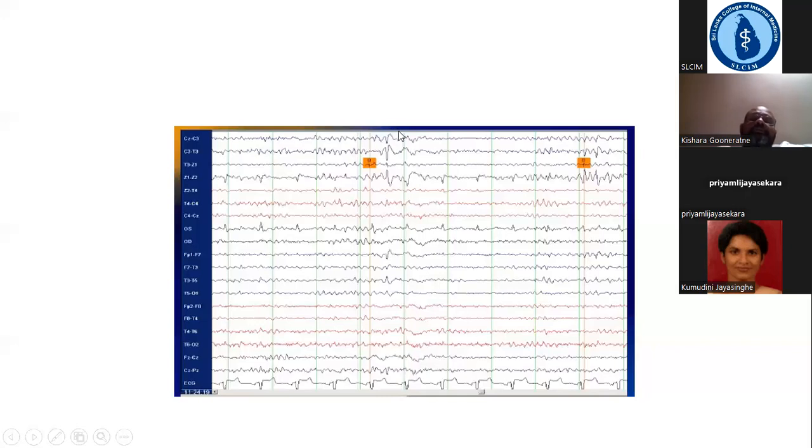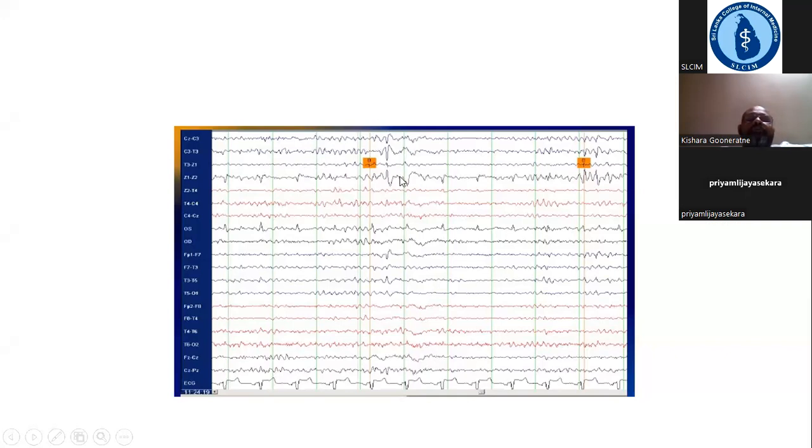That happens in true epileptiform discharges, where the background activity is disturbed. The normal frequency and morphology of the background activity stops, and then you have this epileptiform discharge and then it returns a little later on.